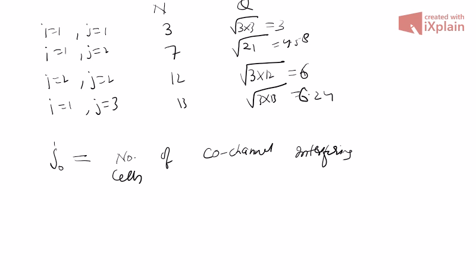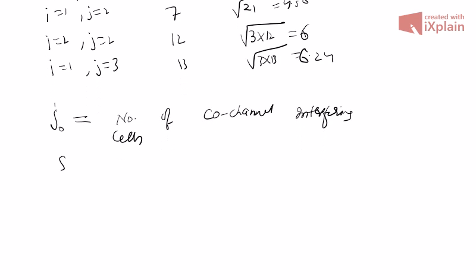Actually, I0 is the total number of cells which are using the same frequencies, and hence they are interfering with each other. Also, let us denote by S the signal, and let's denote by I the interference.